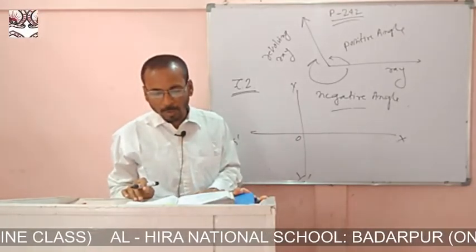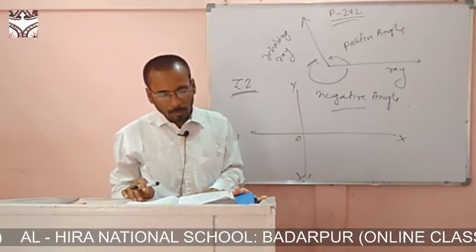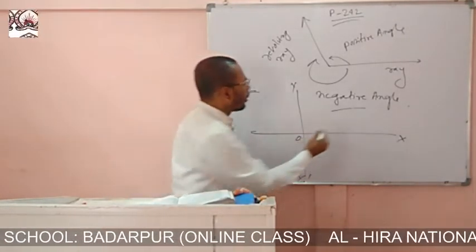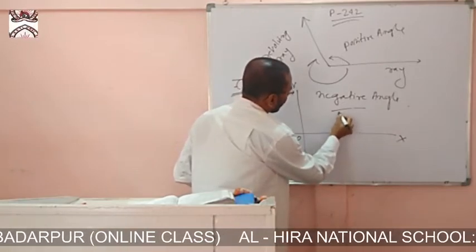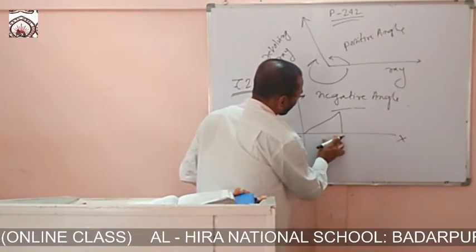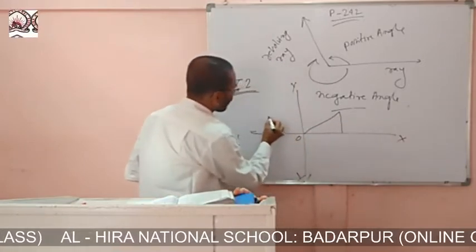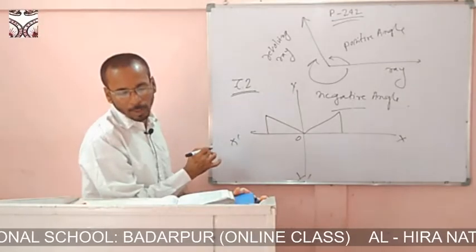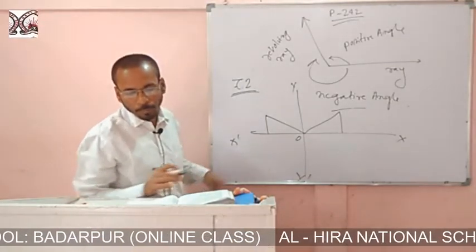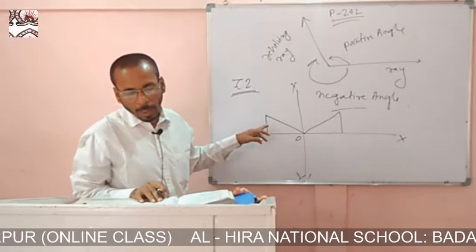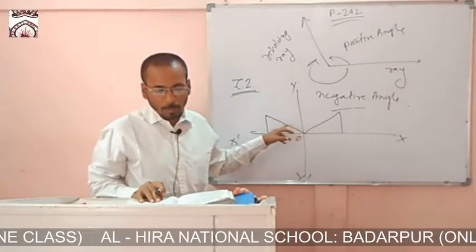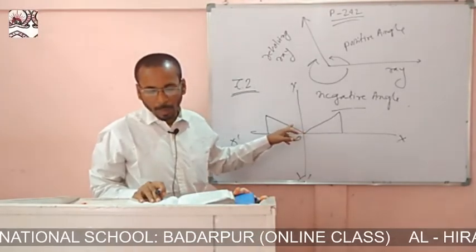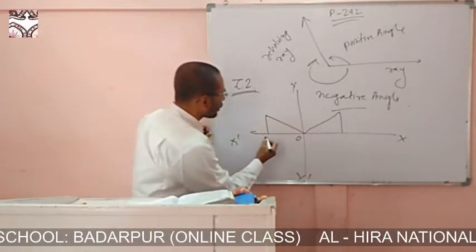So some observations we see in the first quadrant. Suppose this one is the first quadrant, so this length will be positive and this one is positive. If it is in the second quadrant, then PM will be positive, and OP will again be positive, but OM will be negative.